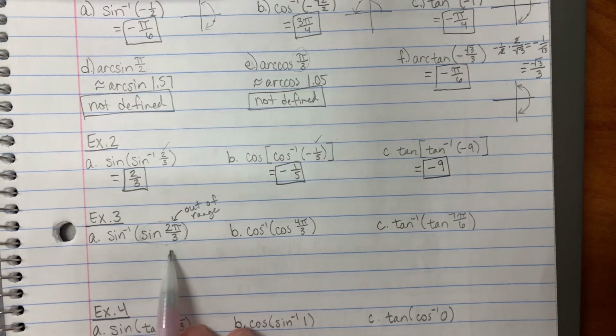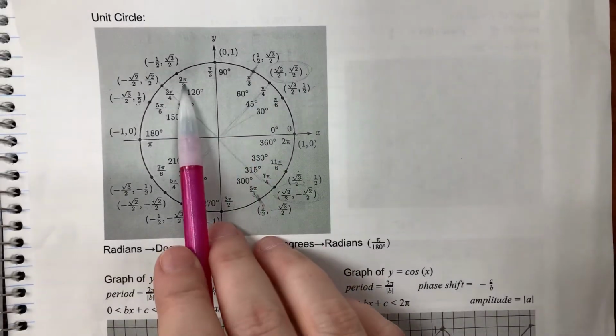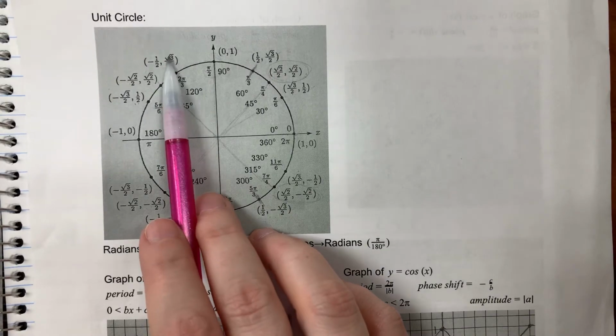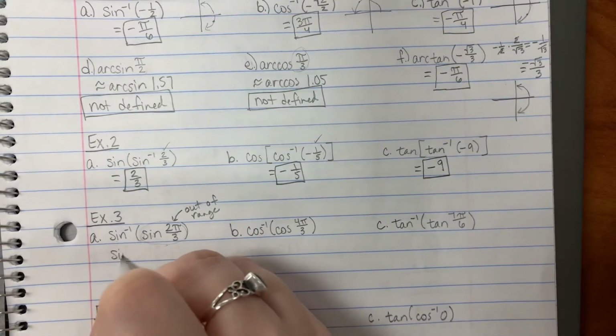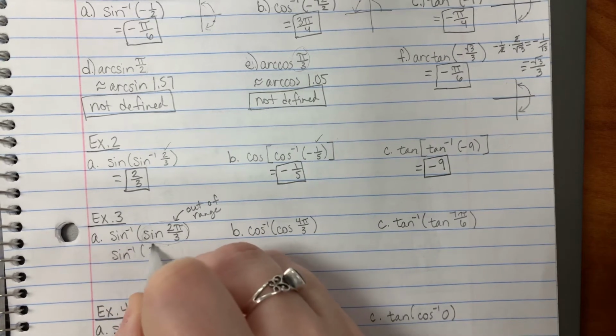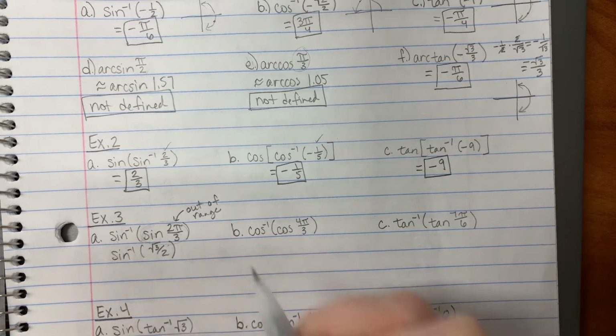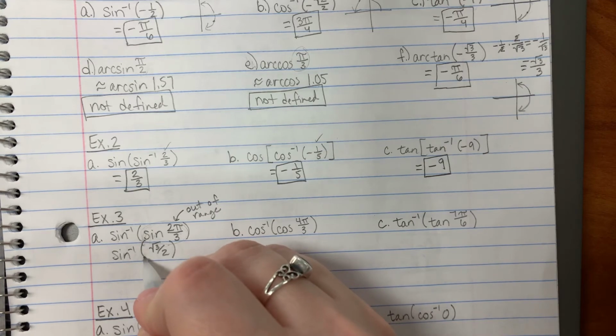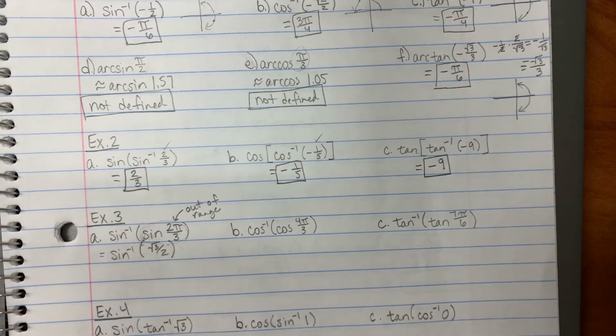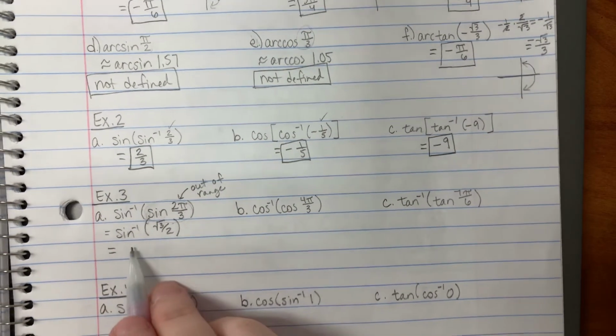So first thing I do is take the sine of 2π/3. Find your 2π/3. Your sine value there is the square root of 3/2. So I have the inverse sine of the square root of 3/2. That's what that equals. And then I'm going to simplify that even further.